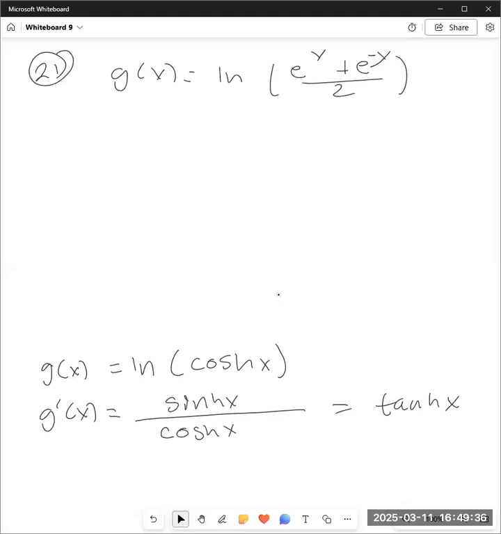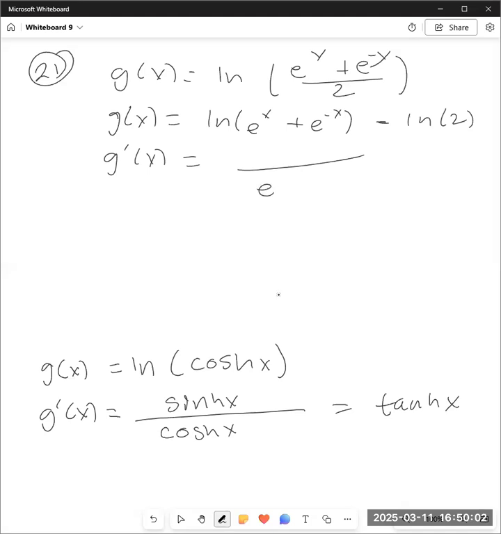Let's see what that's equivalent to up here, right? So before we get started, let's use the rule about a quotient inside of a log like that. And then g prime is going to be this. And then the derivative of that is going to be that. And then the derivative here is nothing.